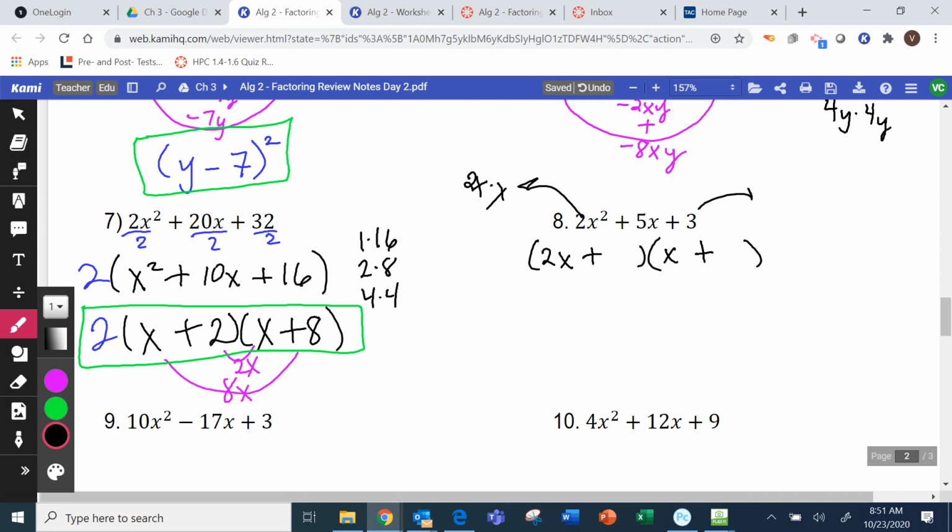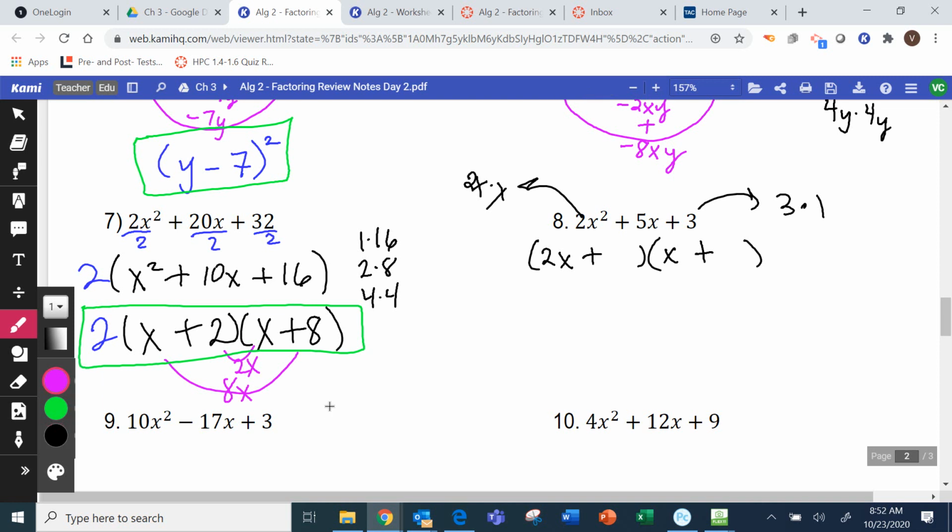To get 3, what do I multiply? So now we have to guess and check. Where's the 3 go? Where's the 1 go?